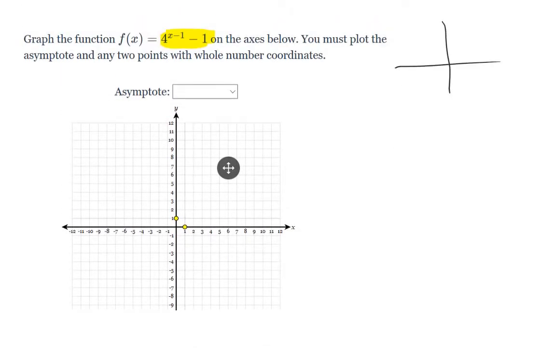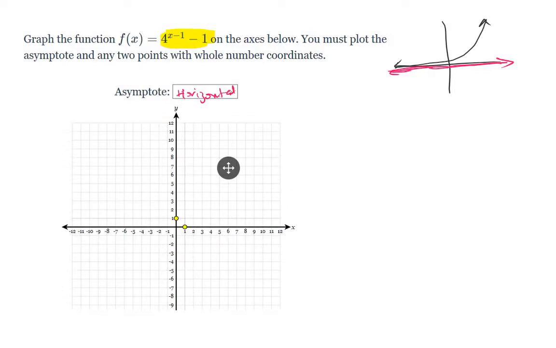Here is the parent. If you notice, this has this asymptote, I want to draw in red. The asymptote is horizontal. So when you go here and select, it will be horizontal. You're going to type in there because it's a horizontal asymptote.